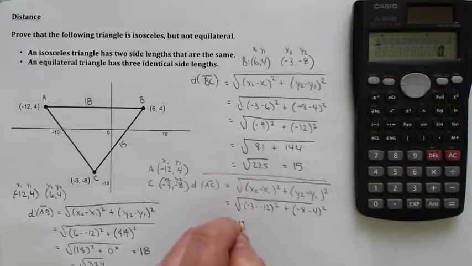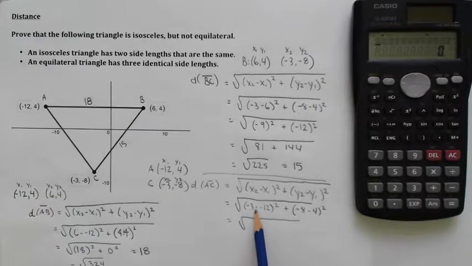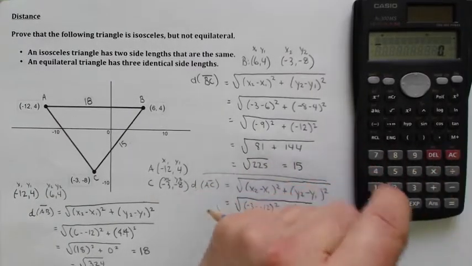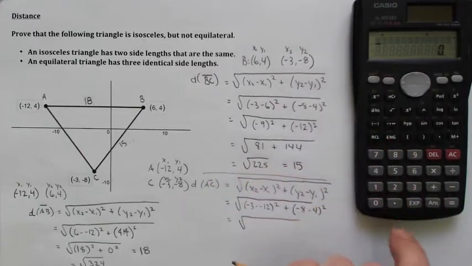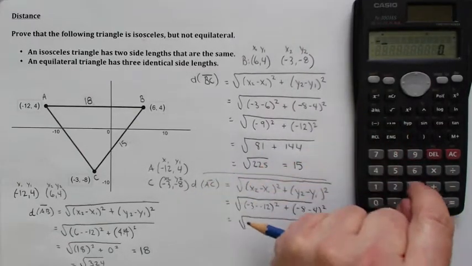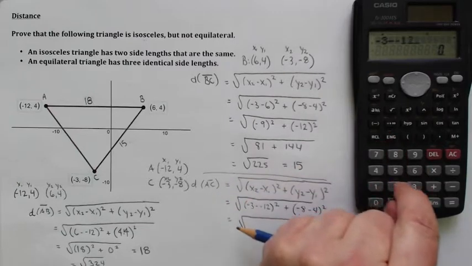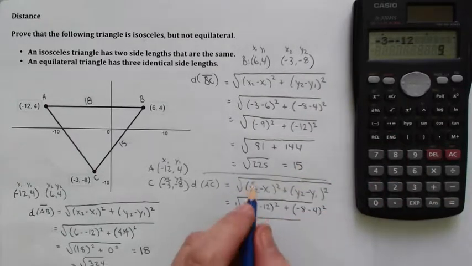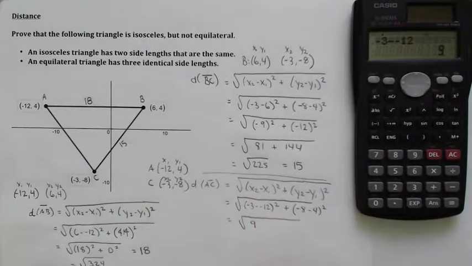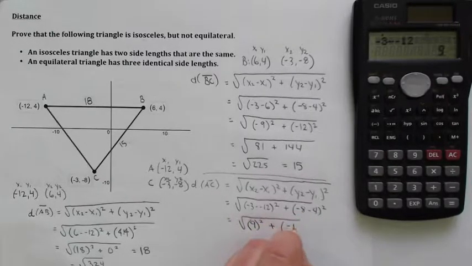So that's going to be equal to the square root of, now negative 3 minus negative 12, I mean, a lot of you will kind of do that in your head, but just in case, negative 3 minus negative 12 is positive 9, which we have to remember is squared, plus negative 8 minus 4 is negative 12, which is squared. Remembering again that we have to square that negative.